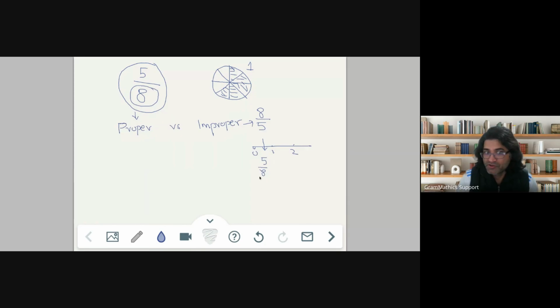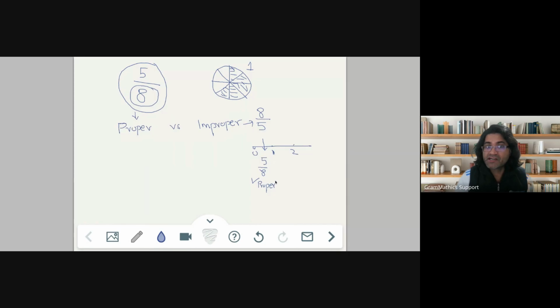Yeah, because it's not complete. It couldn't complete one whole. So this is a fraction. And by definition of fraction, even if you take the name literally, a fraction is less than a whole. So it makes sense. So this is a proper fraction because it is not complete.